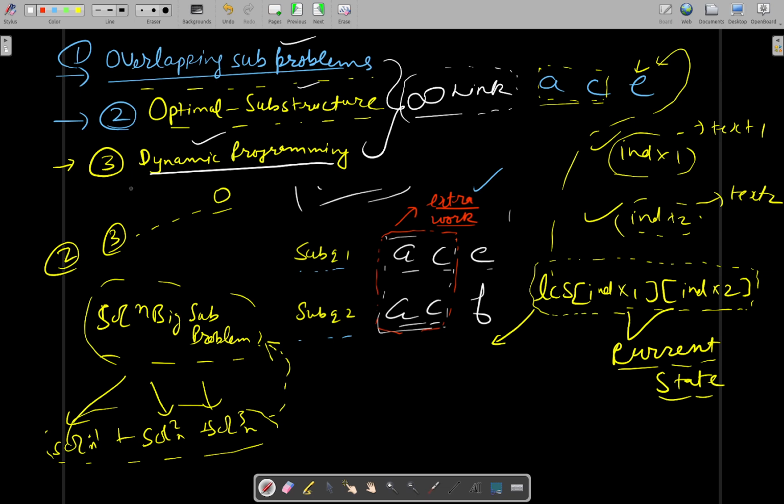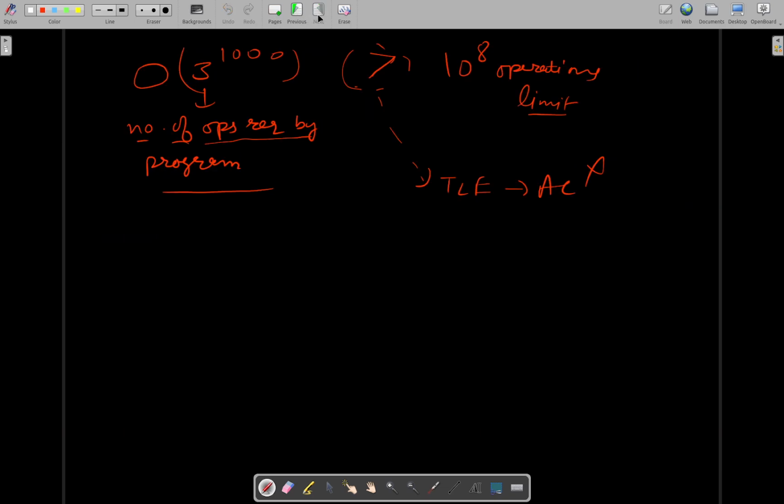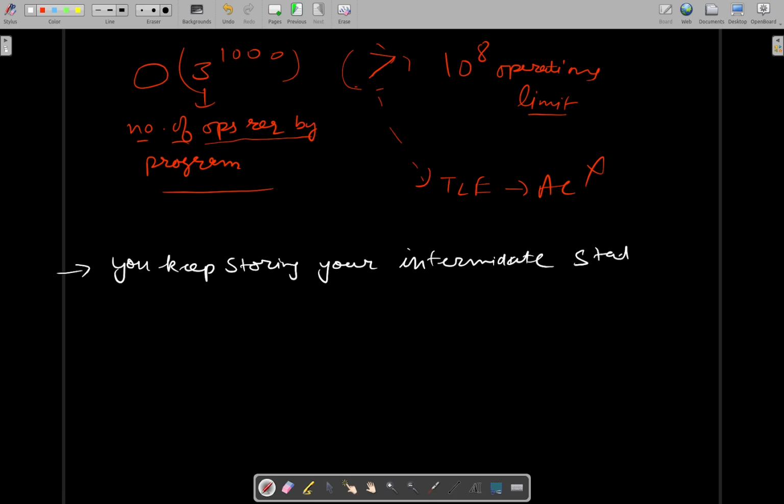Right now what I can tell you about dynamic programming is that you keep storing your intermediate states, and whenever these states repeat, instead of doing computations again and again, you will use the stored results for those states.